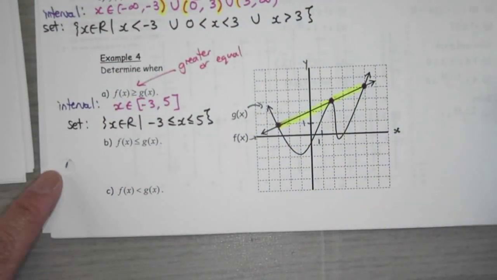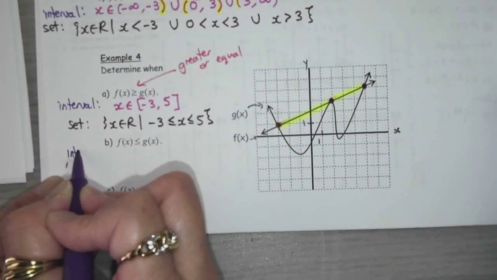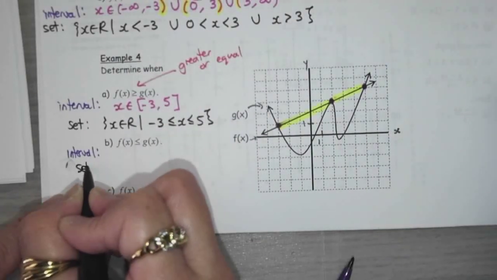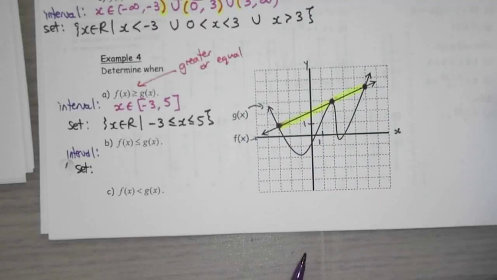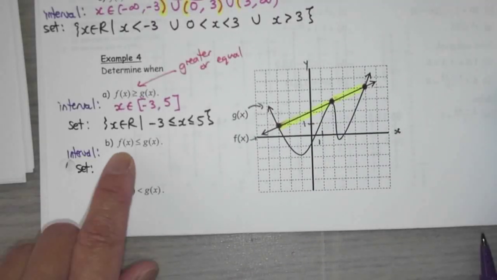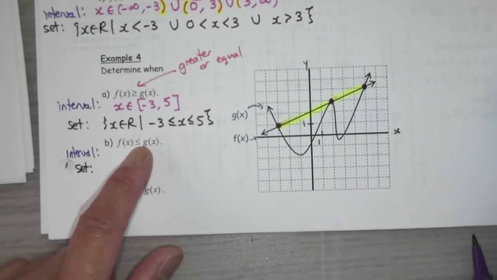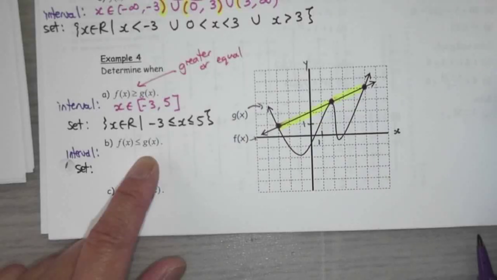The next one, again, let's put the interval here on the side because I'm running out of room, and then the set, just because it's squishing my room. So when is the line, f of x, below or equal to the polynomial, so it's two parts of the question.